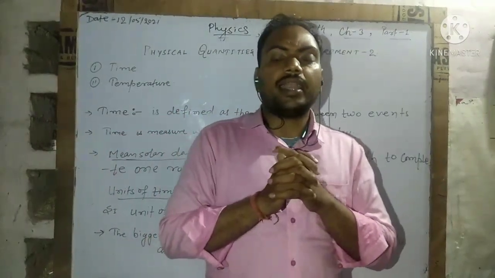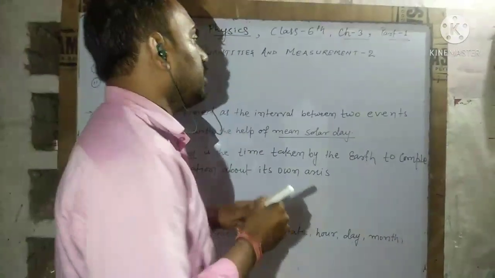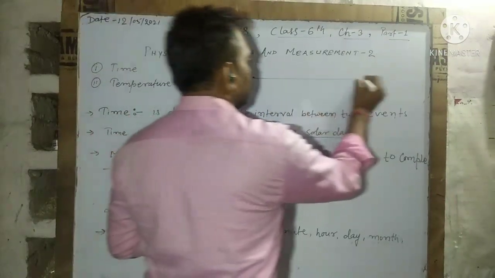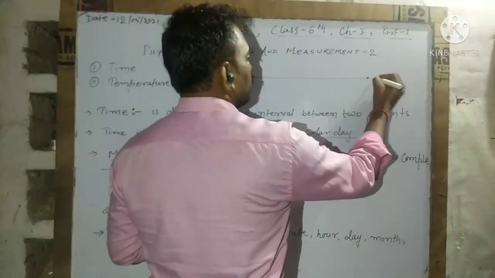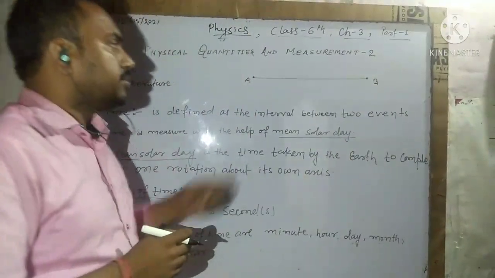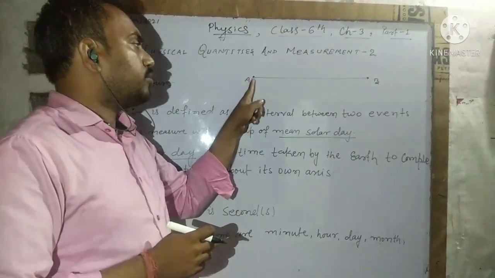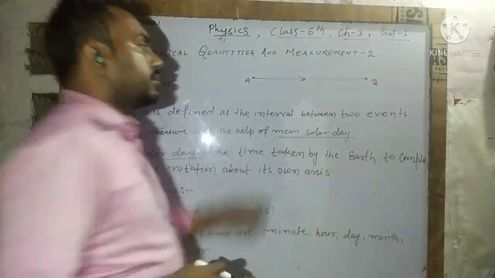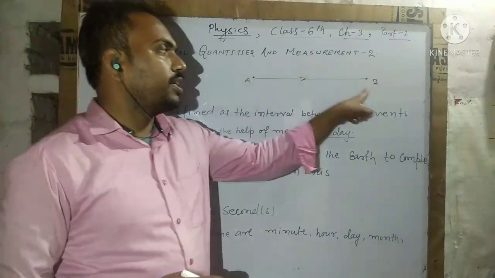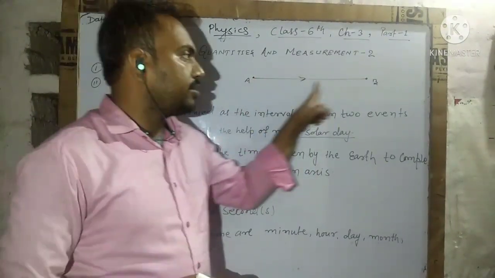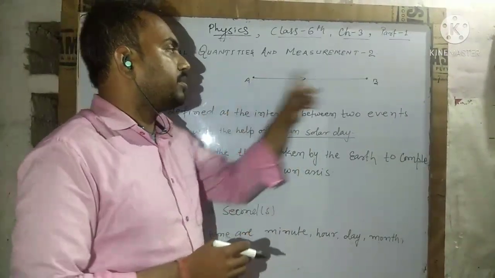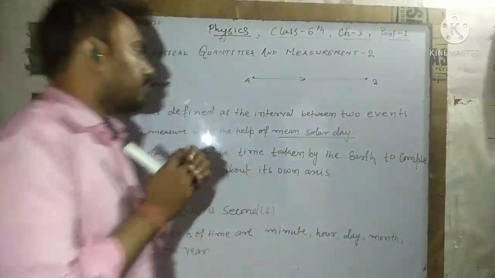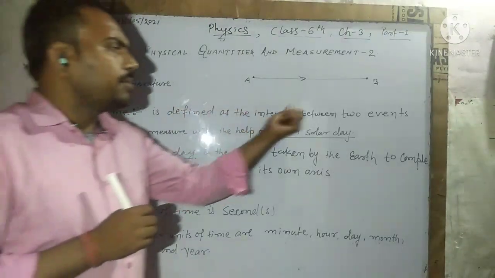For example, I am doing some work, moving from point A to point B. It takes some time, some duration, to move from A to B. Moving from A to B is an event, and the duration taken to complete this gap is called time, as it is defined as the interval between two events.